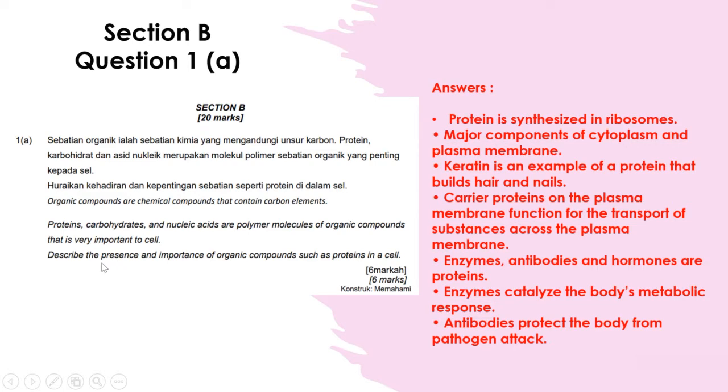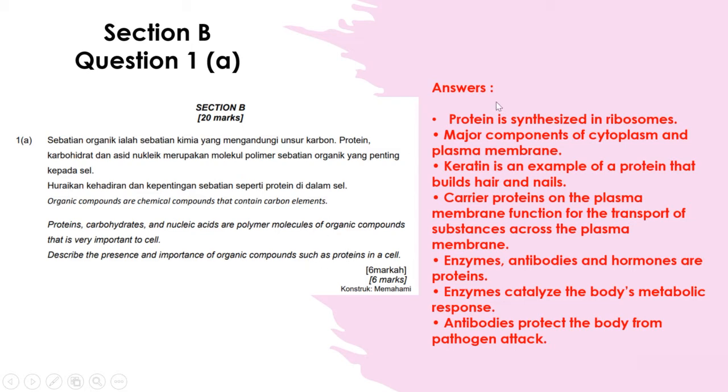Please underline here what the question wants you to answer: the presence and importance of organic compounds such as protein. So specifically, the question wants you to describe or explain about the protein.